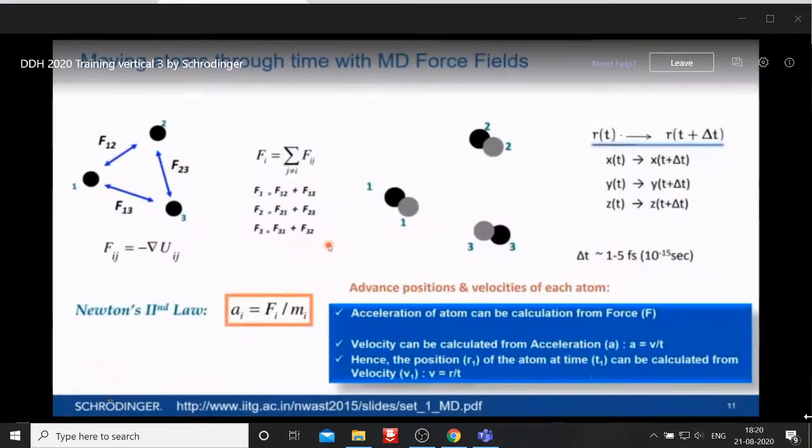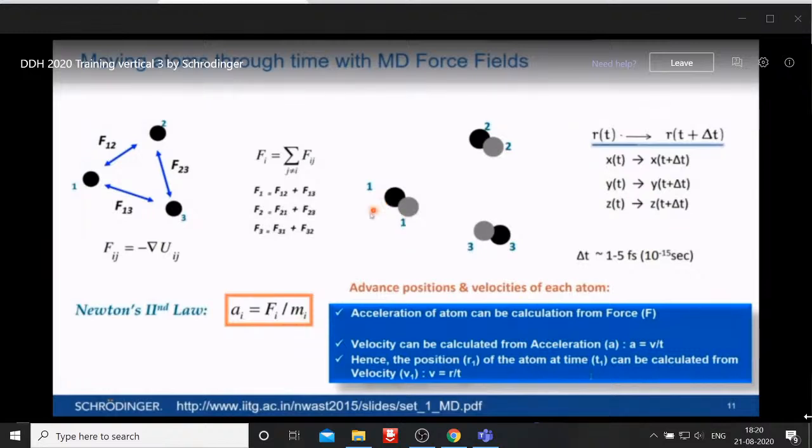Now the very basics of MD simulation. We all know probably that MD simulation is governed by Newton's second law, which says force is equal to mass times acceleration. We can rearrange the equation into acceleration equals force acting on the atom divided by the mass of the atom.